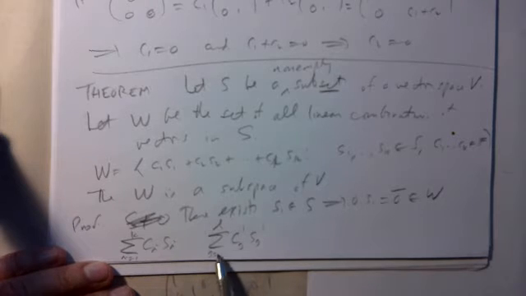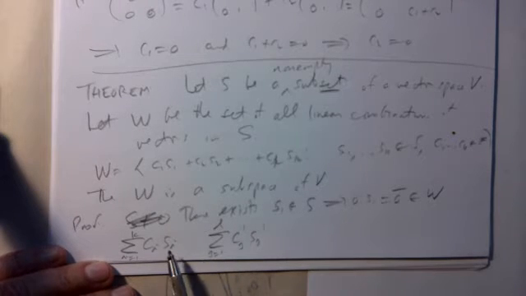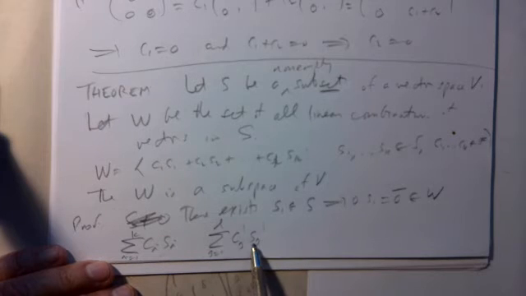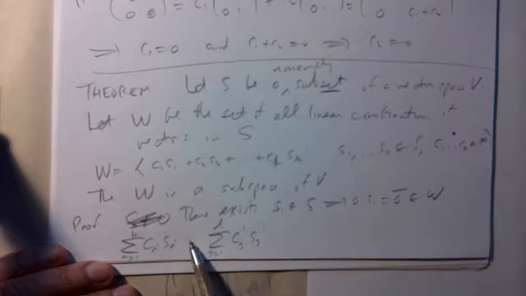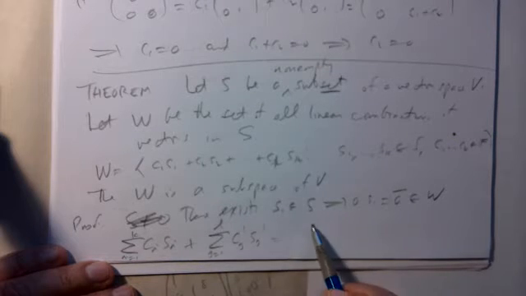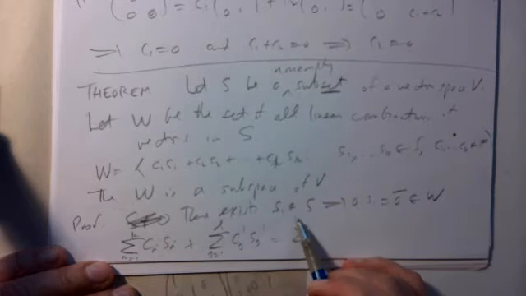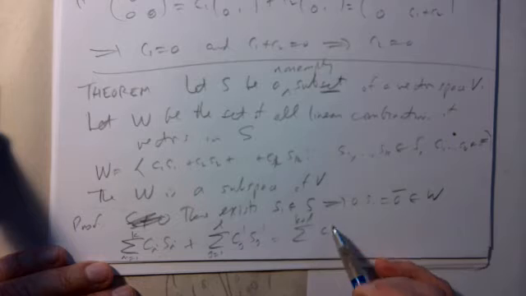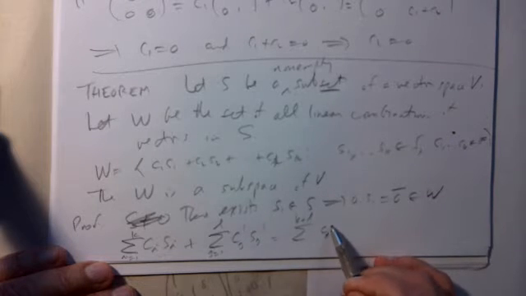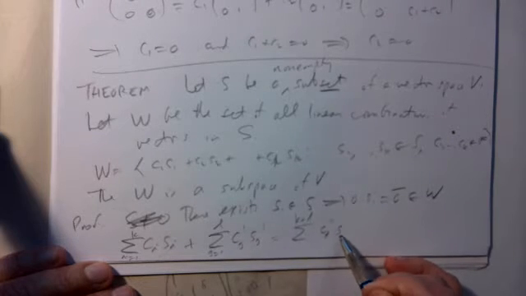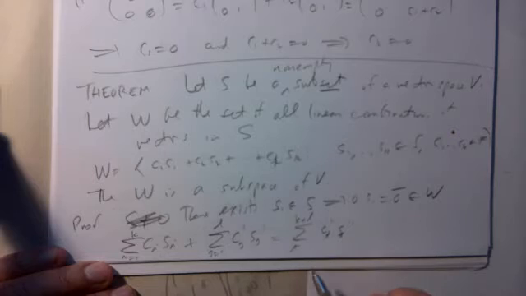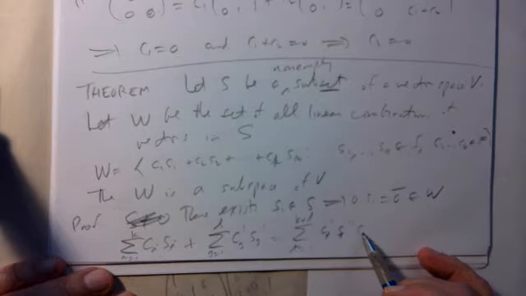But you don't have to have the same number of vectors in a linear combination. So this is some linear combination of K vectors in S, and this is a linear combination of L vectors in S. And if you add them, you just get a big linear combination of these vectors plus these vectors.